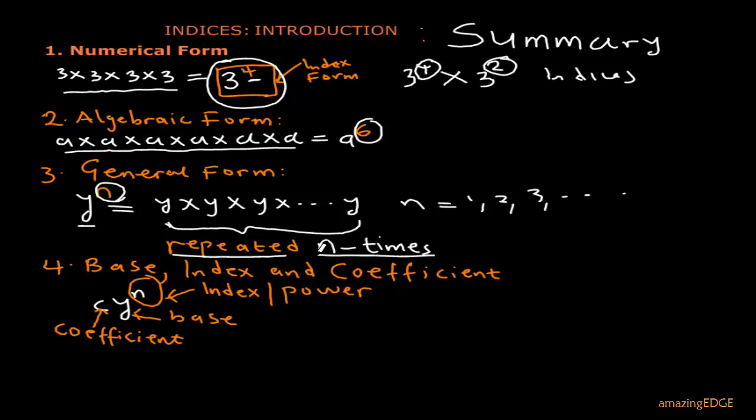So we talked about the notion of base, index, and coefficient. We can see a value like this. So y, as you can see, y is the base, because it is carrying something. This y is carrying a load, which we now refer to as an index or power. And this is a constant value, which we now refer to as a coefficient. So in the next class, we'll be looking at the laws of indices. Have a nice day.